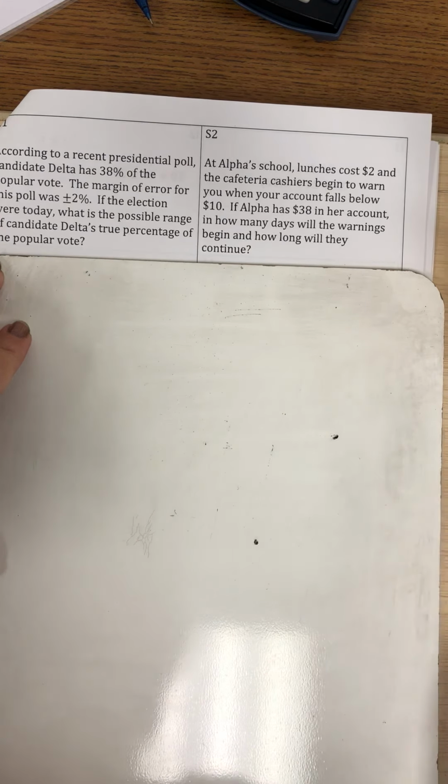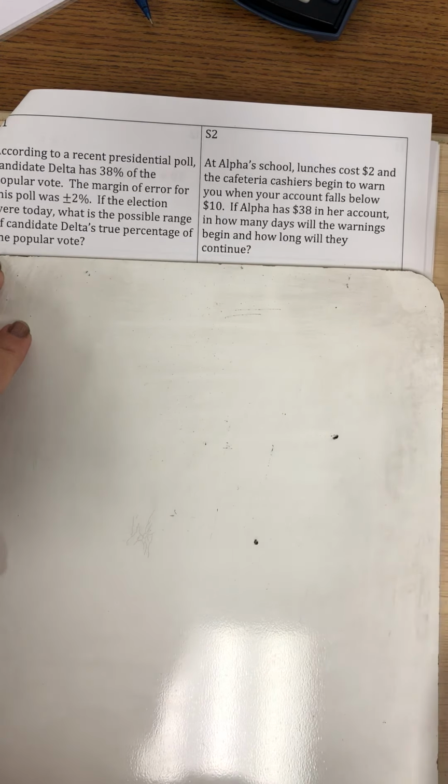She has $38 in her account, so she's starting with $38. She's spending 2X out of her account. And when does that equal $10? Because at $10, they're going to start warning her.